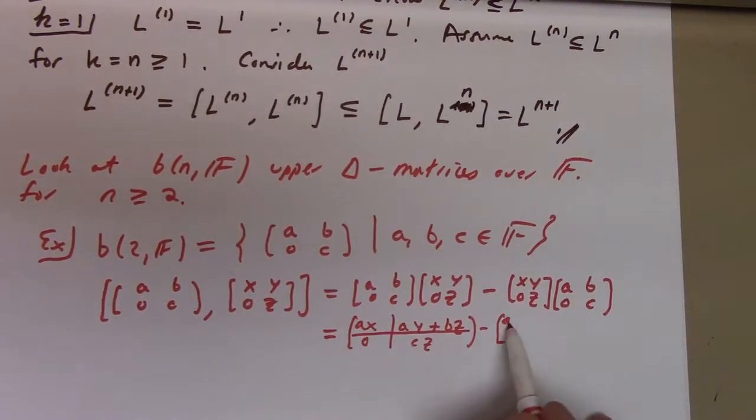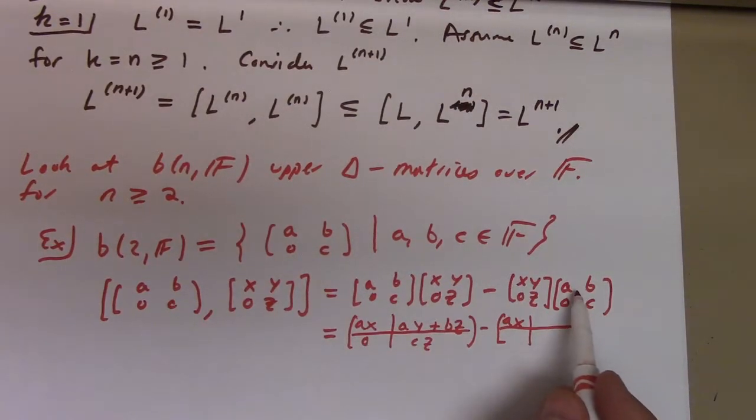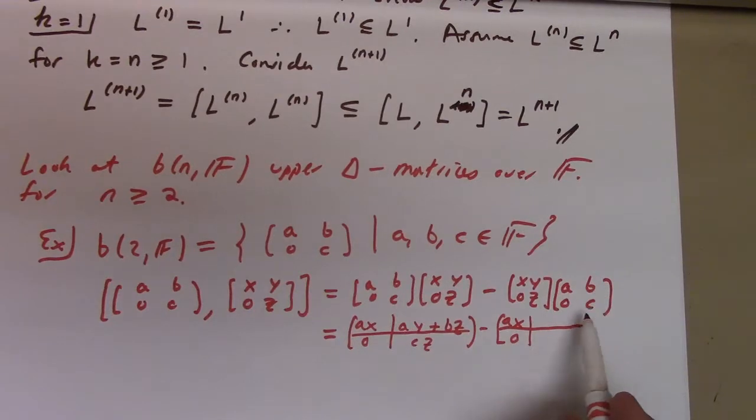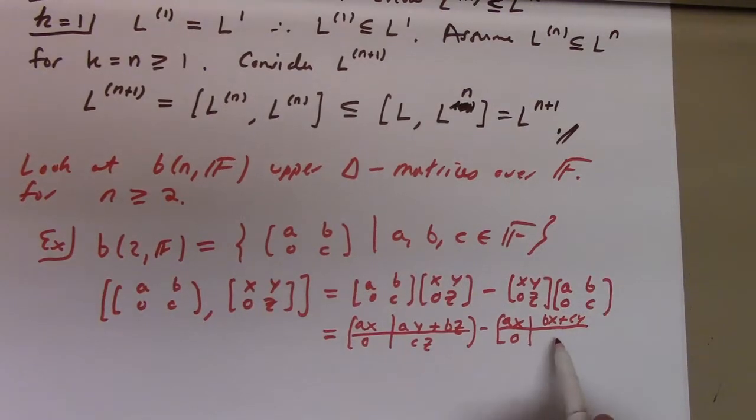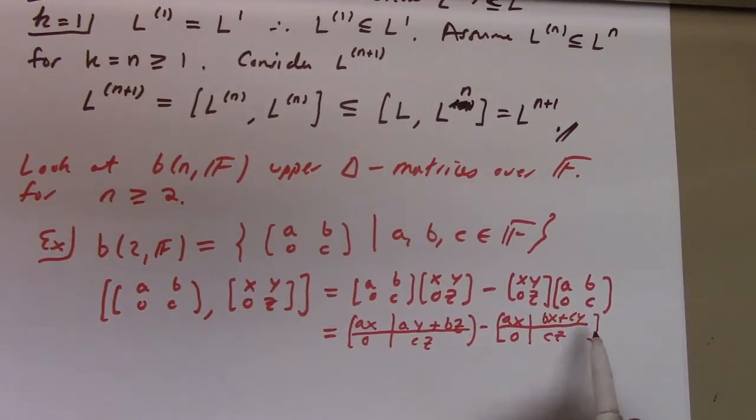Over here you got AX, and then you got 0, you got BX plus CY, and you got CZ. So let's see. Oh, the AX's cancel. So it's not simple, right?